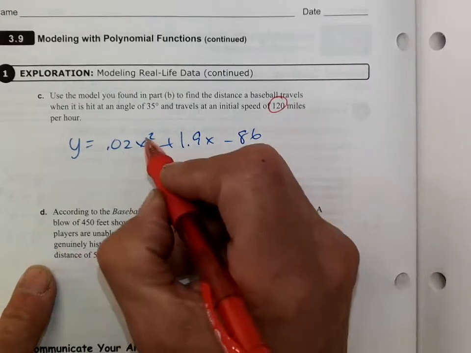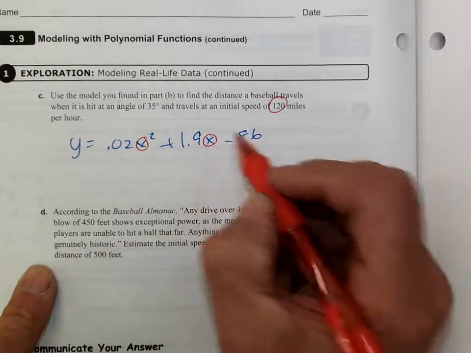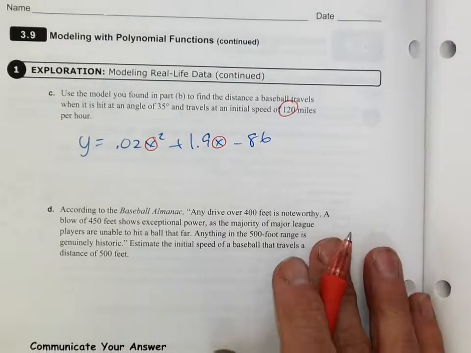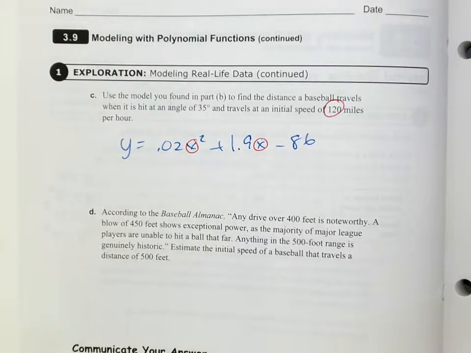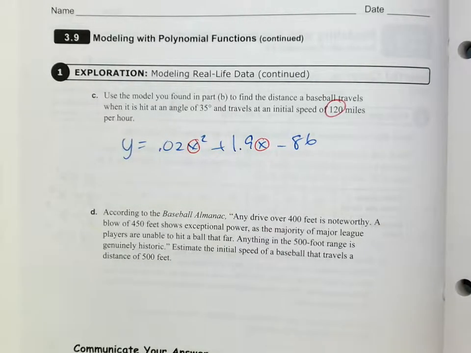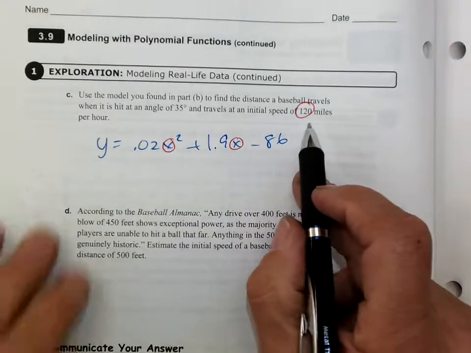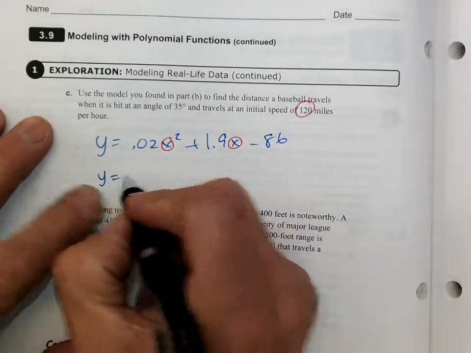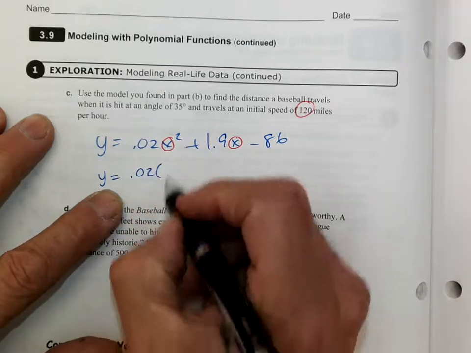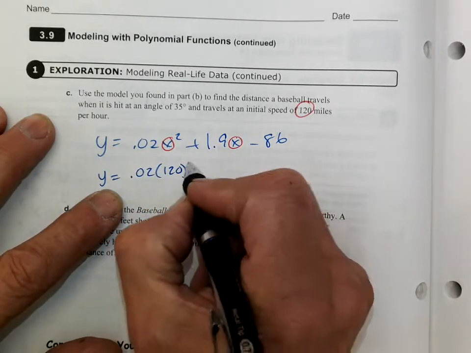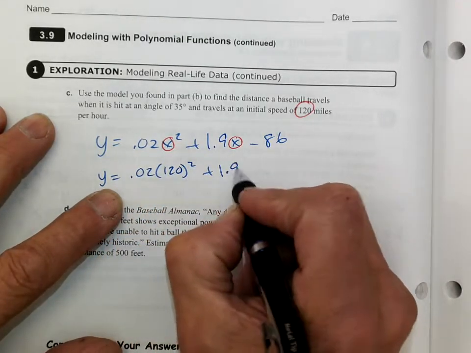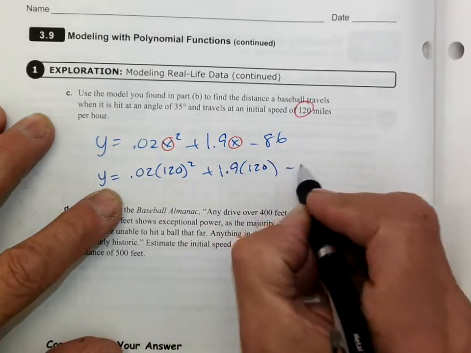Let's just plug 120 in for x, right? So all we're going to do is use our equation to find the distance at 120 miles. So I'm going to go y equals 0.02 times 120 squared plus 1.9 times 120 minus 86.